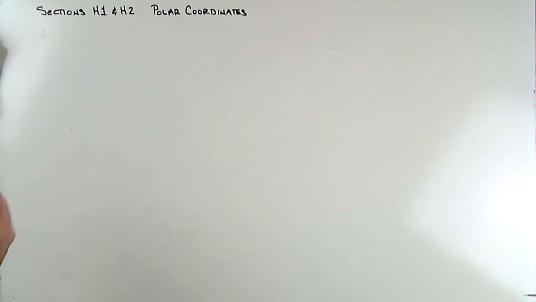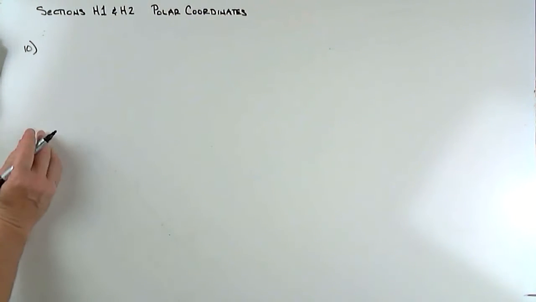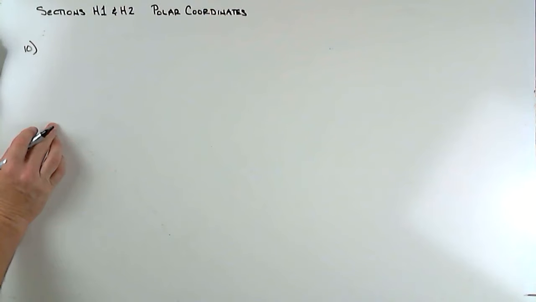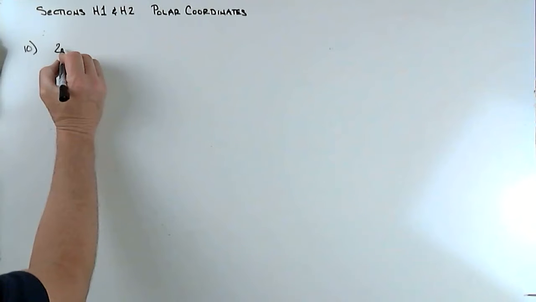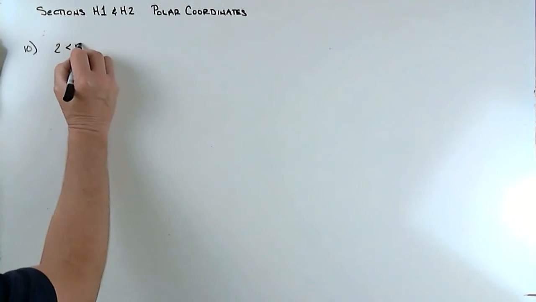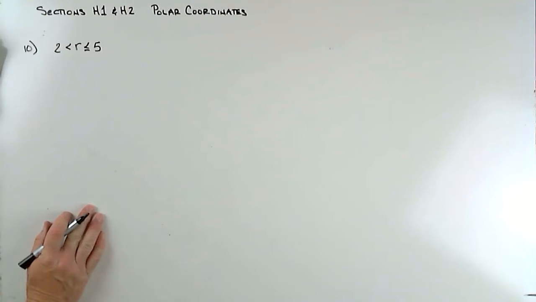Number 10 says, sketch the region in the plane consisting of the points whose polar coordinates satisfy the given conditions. So we have 2 is less than r is less than or equal to 5. So our radius is between 2 and 5, open at 2.